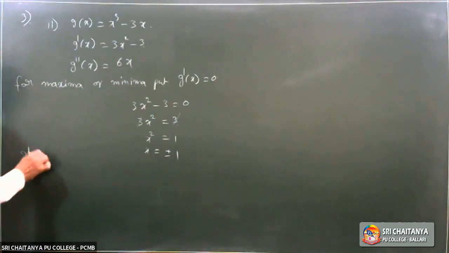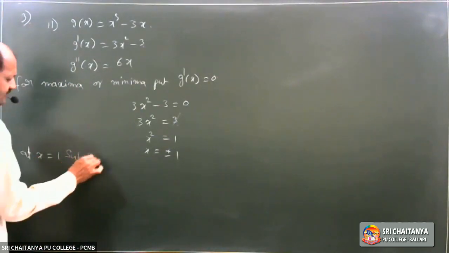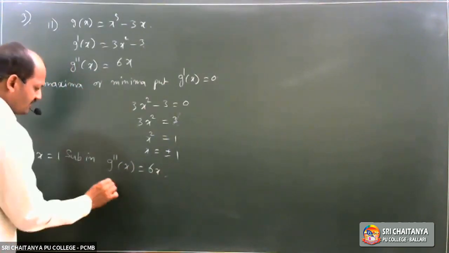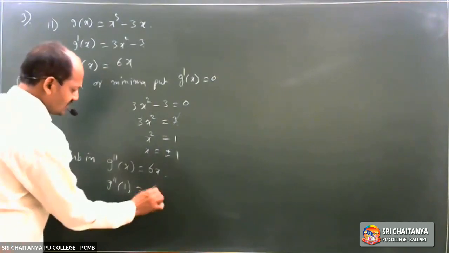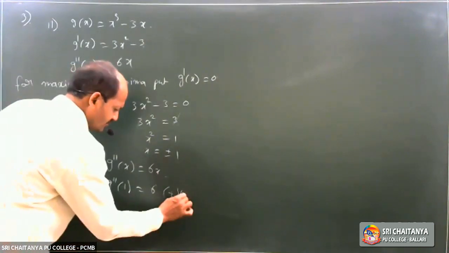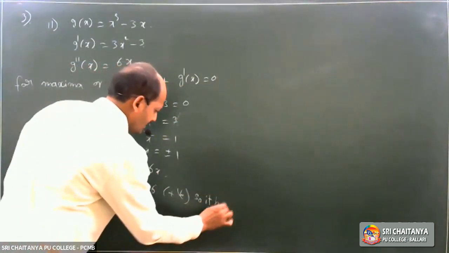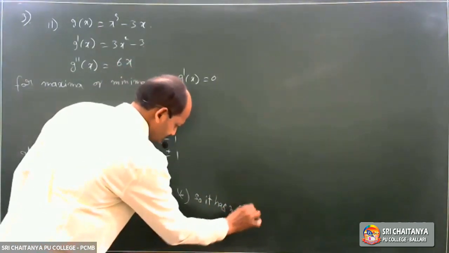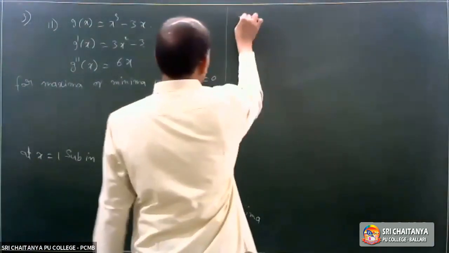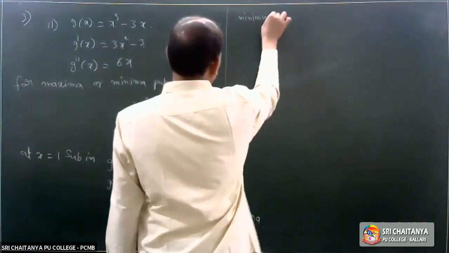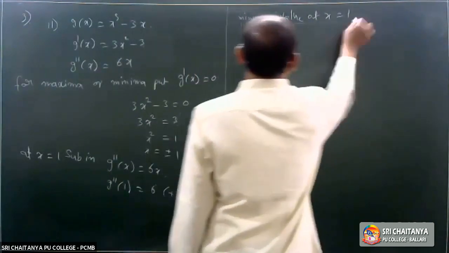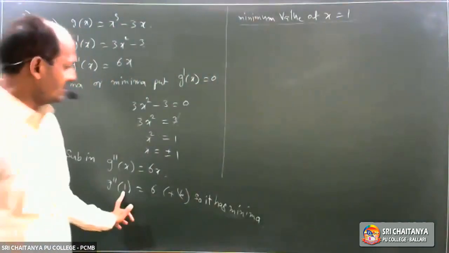At x equal to 1, substitute in g double dash of x is equal to 6x. That is g double dash of 1 is equal to 6, which is greater than 0. It is positive, so it has a minimum. Now we have to find the minimum value at x equal to 1.